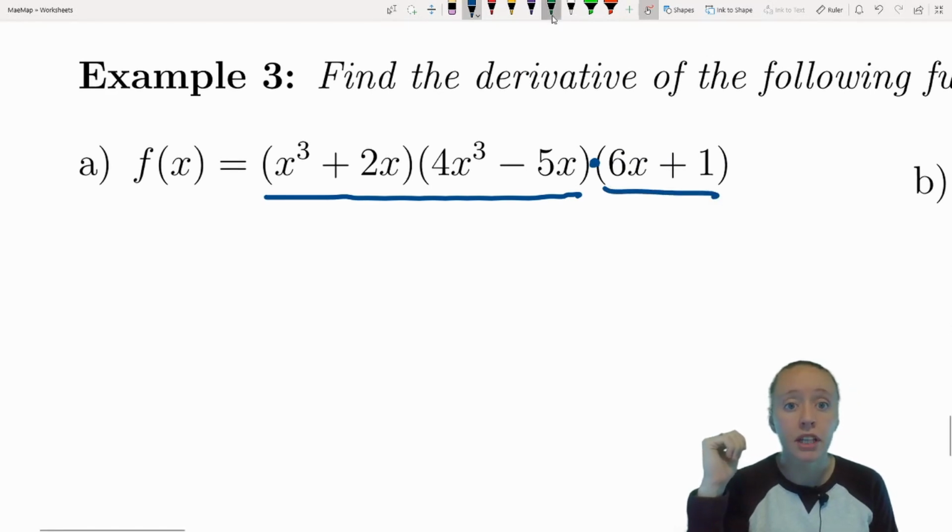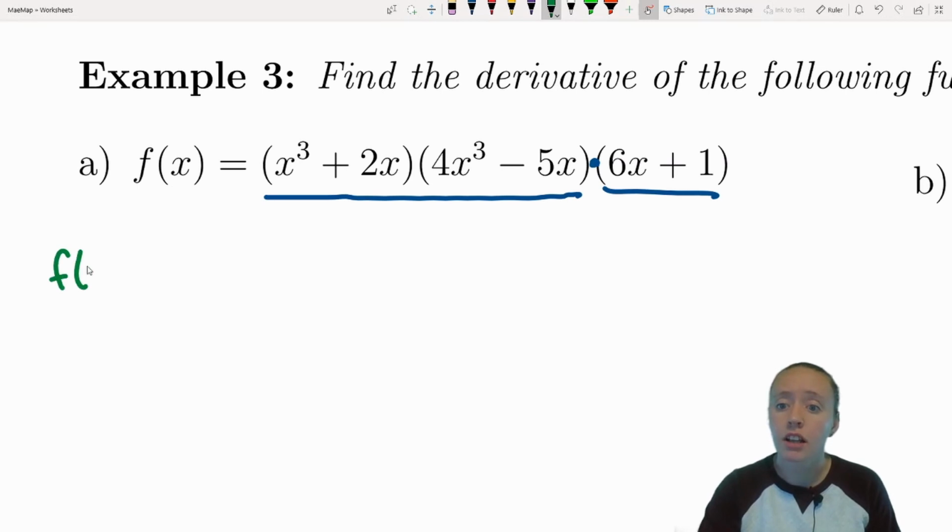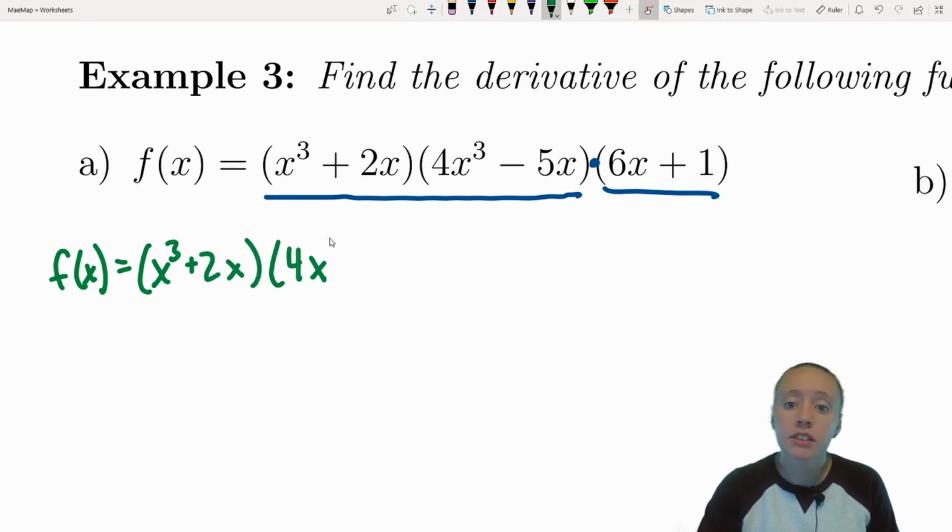So doing my bookkeeping, I'm going to say that my f of x is equal to, let me leave myself some more room because this is kind of a lengthy problem, but don't worry, we're not going to even bother with simplifying it down. I'll let you do that on your own. My f of x is going to be x cubed plus 2x times 4x cubed minus 5x.